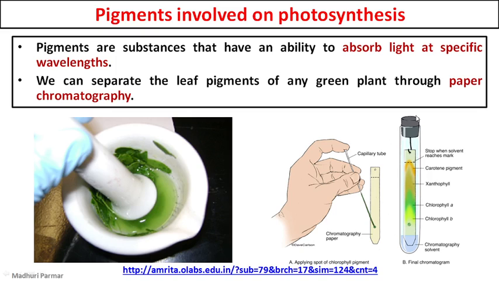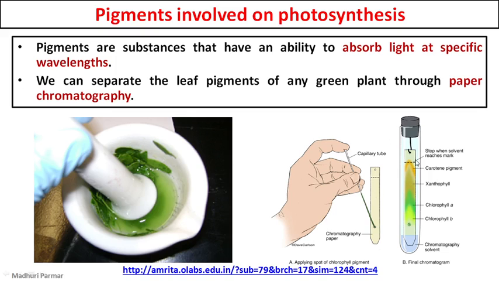As it rises, according to the molecular weight, if the molecule is smaller, it will be able to run farther, it will reach till the top. If the weight is more, then it will move slowly and it will reach only up to a certain level, a very small distance it will travel.